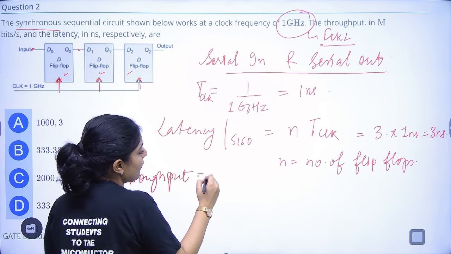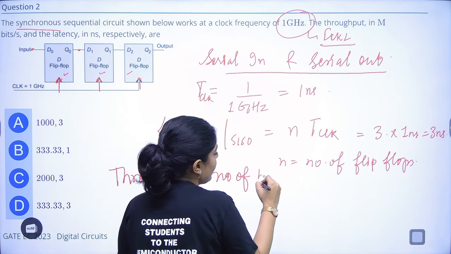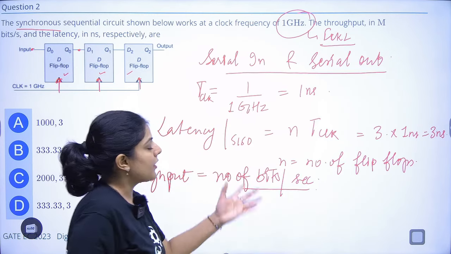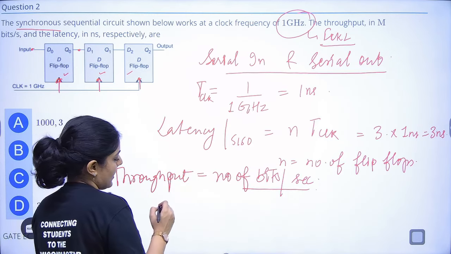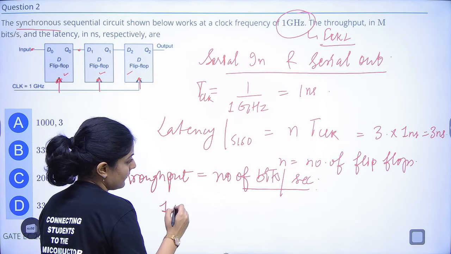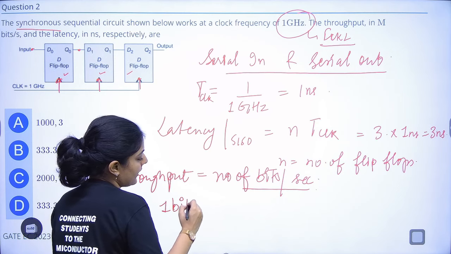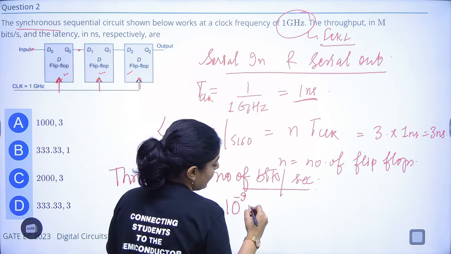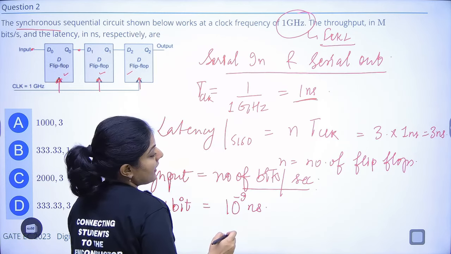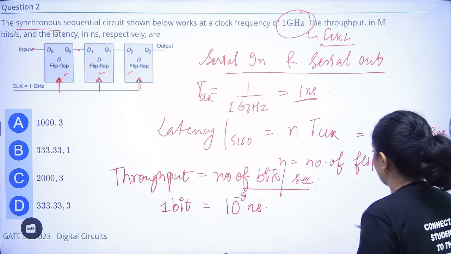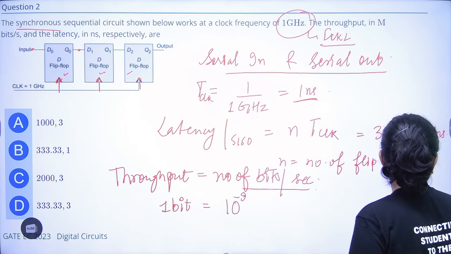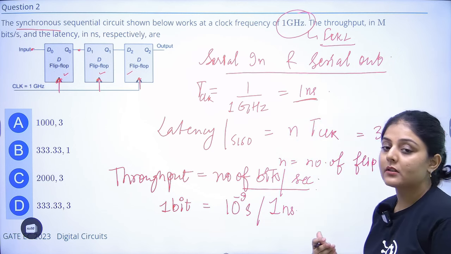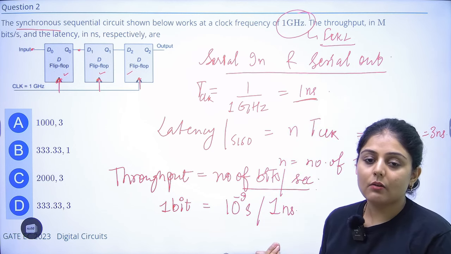Throughput is number of bits per second. Number of bits transmitted per second. So according to the clock, we can see that here 1 bit is taking how much amount of time? 10 raised to power minus 9 seconds, or you can say 1 nanosecond, because clock time is 1 nanosecond.